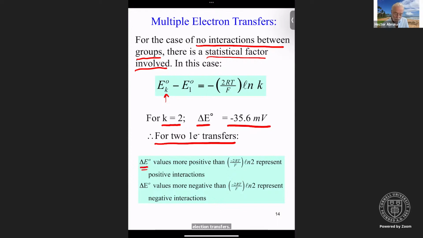Delta E0 values, this guy, that are more positive than this represent positive interactions. Values that are more negative than that represent negative or repulsive interactions. And what do I mean by that?